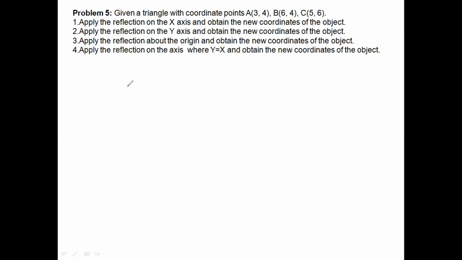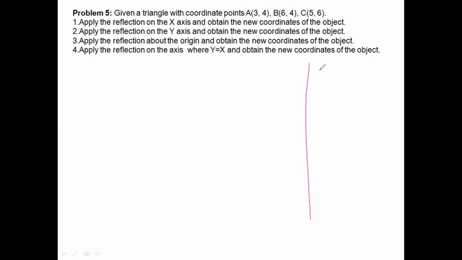So let's write the four matrices responsible for reflection on x-axis, y-axis, and so on. So for reflection along x-axis, we will write a reflection matrix, that is 1, minus 1, 1, and the rest of the elements are 0.